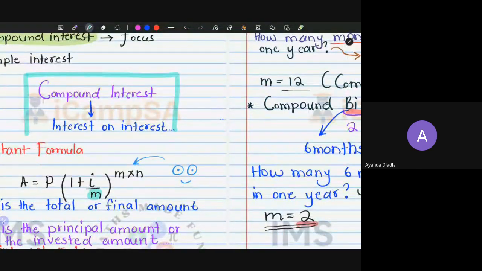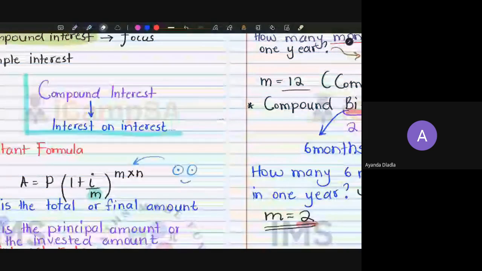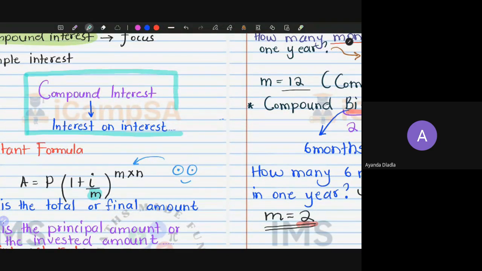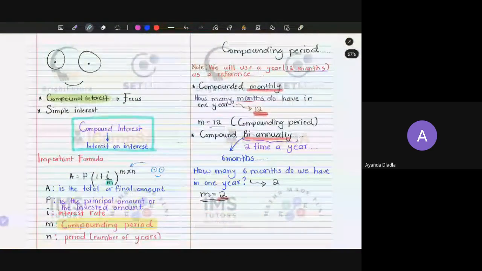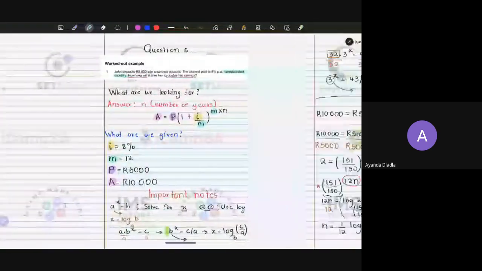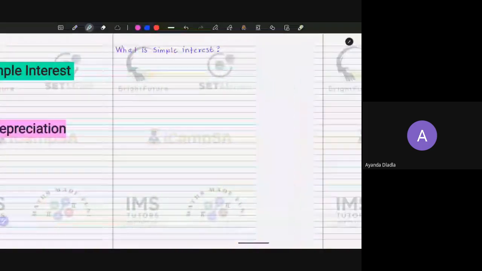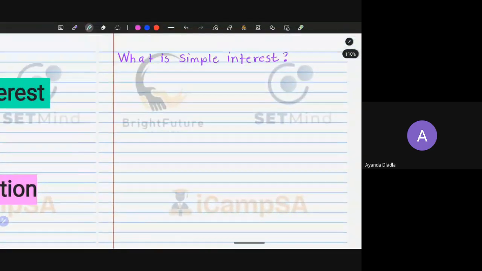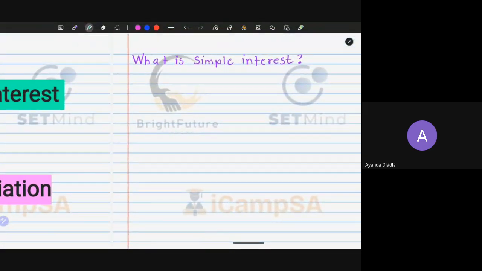We said compound interest is interest on interest. So when your interest is compounding, it means you are gaining interest on interest. So with this in mind, I need one of you to try and think around what is simple interest as a starting point. We are warming up. Any volunteer, guys?